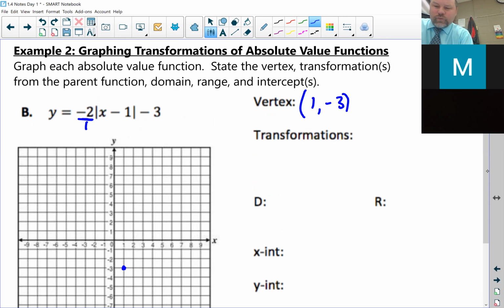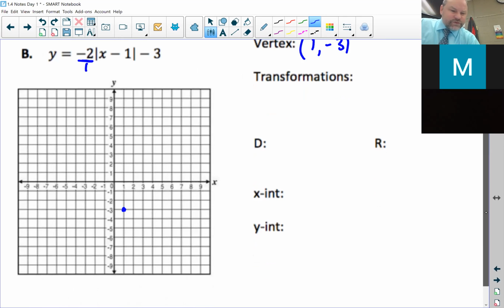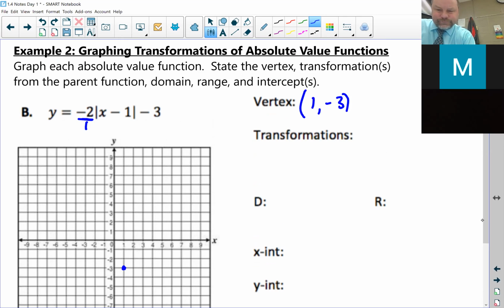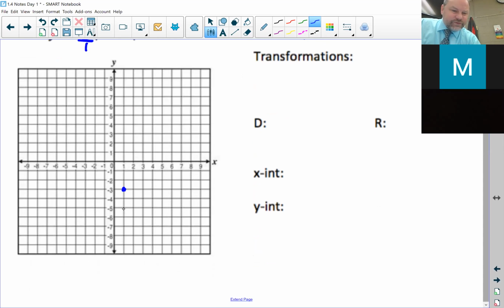That's like -2 over 1. So I go down 2 over 1, down 2 over 1, down 2 over 1. As many times as I want.